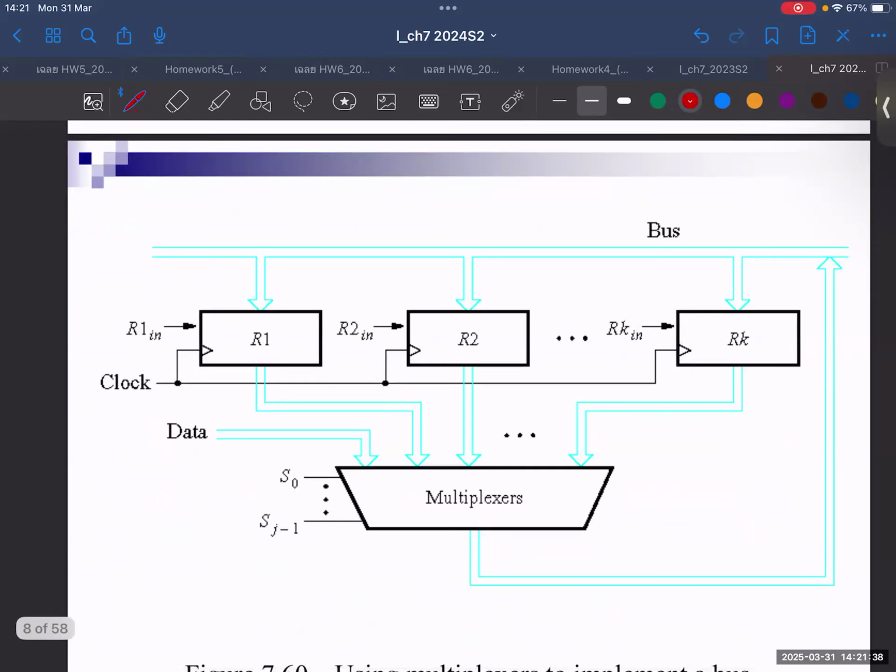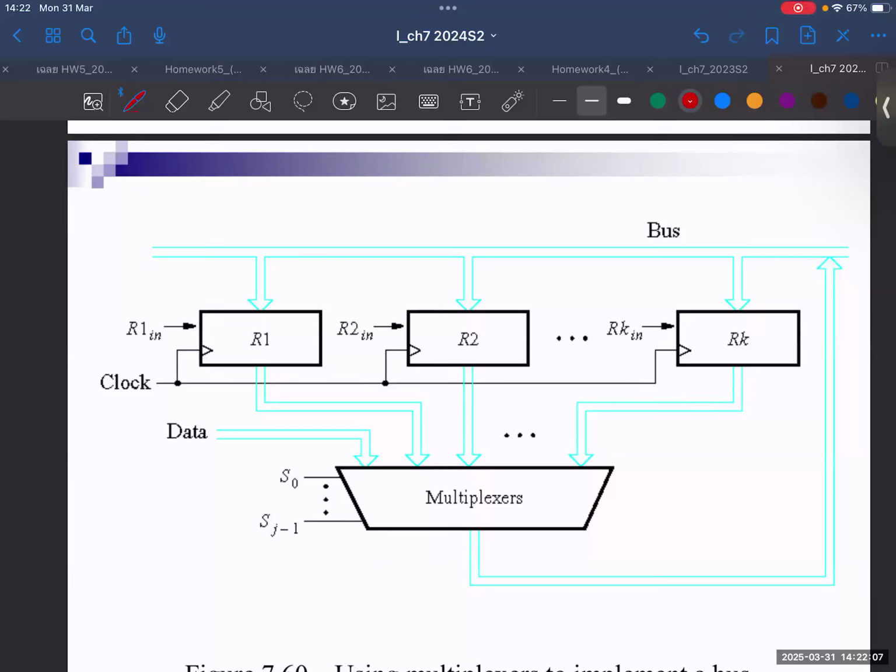The alternative to the tri-state buffer is to use a bus, right? Because as you can see, the output of each register is actually fed back to the bus, right? Or you can say that the bus can be accessed by one register at a time, right?